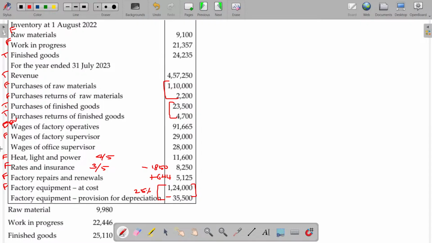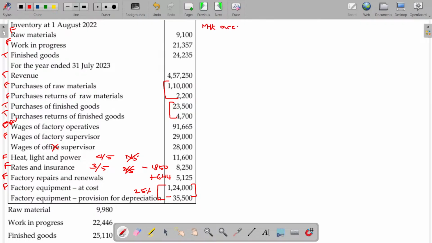Wages of office supervisor, P&L section, we never bother about that one. So here 1/5 also, office section, we never bother about this now, also not considered. That's all. We'll start with the manufacturing account here.